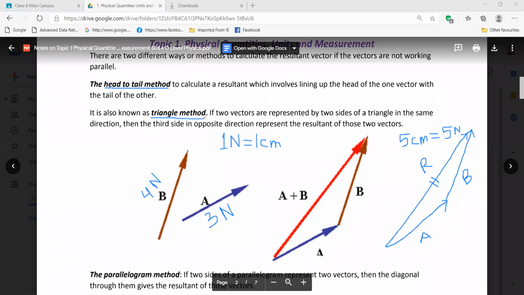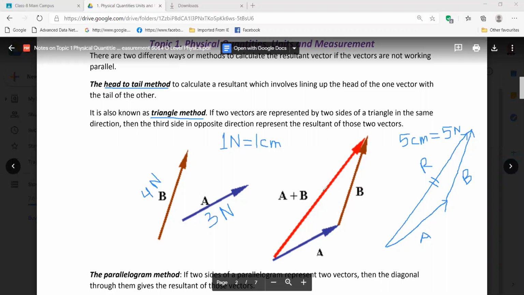Now, the triangle method is the same one we got here, the head to tail method. You see, here we got A and B. If you are considering A and B as two sides of a triangle, then the third side, the last side of the triangle, is this one, right?